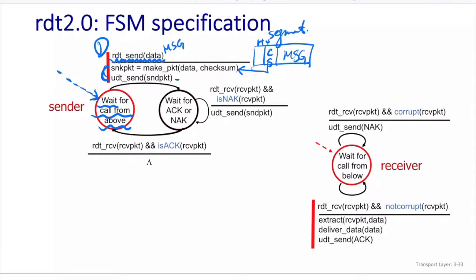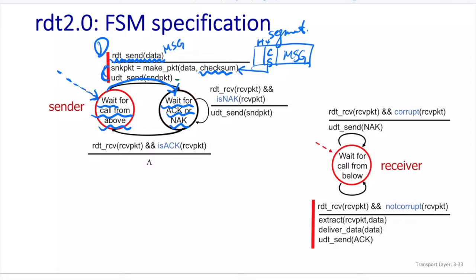So the packet is a little bit different. We have the checksum right here, and we send the packet, the message packet, to the receiver. At this moment, the sender goes to the next state, called wait for ACK or NAK, because the sender needs to know whether the packet arrived or has something wrong with it. So it stays at the wait for ACK or NAK state, and waits right here.